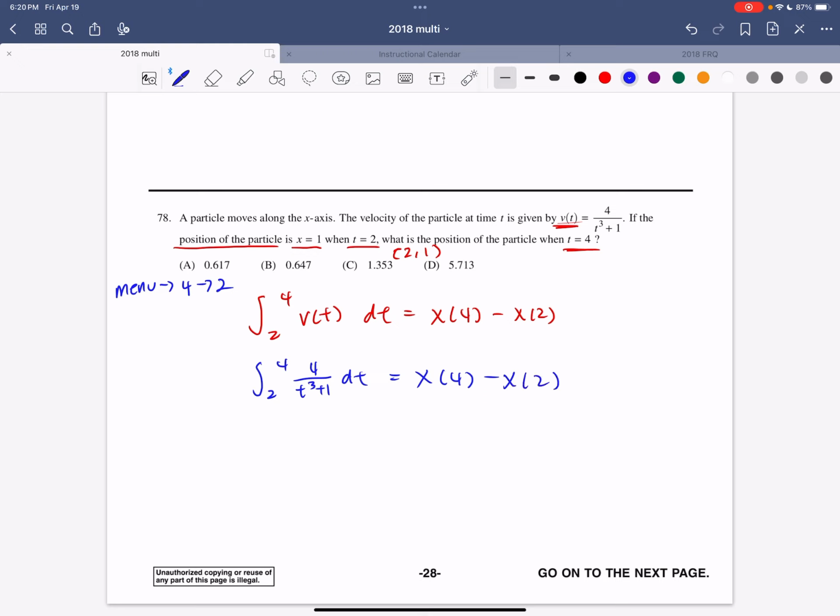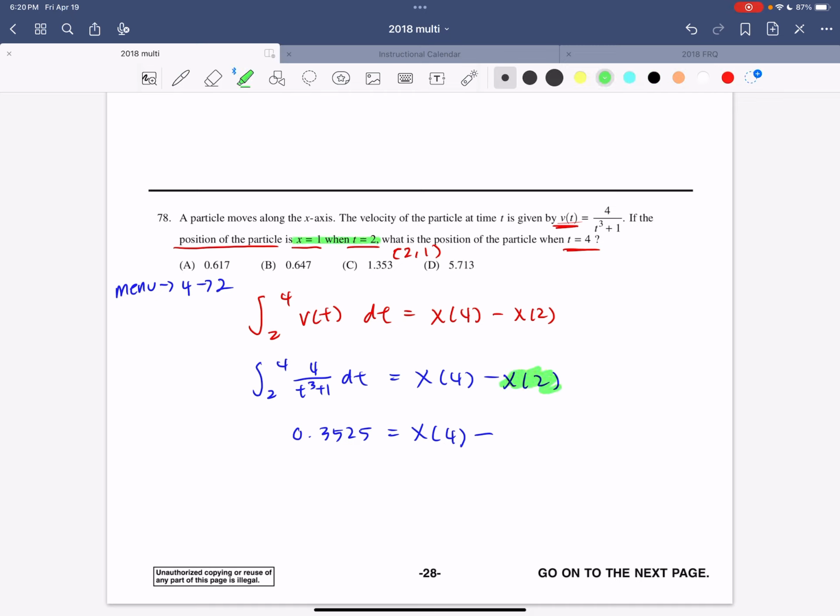If you put this into the calculator, you are going to get about 0.3525 and so on, equals x of 4 minus, now here, do you see x of 2?